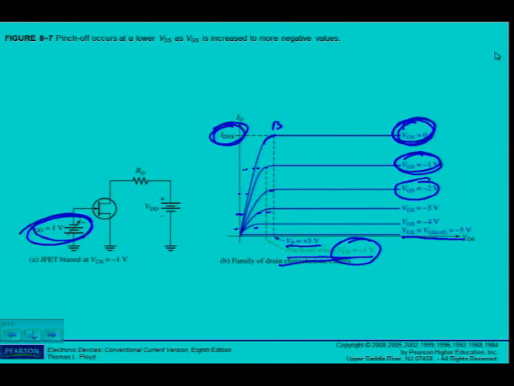Okay, so also what you can see is that that value, because of the curves, becomes smaller. Alright, so depending on where we are on the curve, I can see that the pinch off voltage becomes smaller, but V pinch off is determined at VGS equal to 0 at IDSS, maximum current. Alright, so make sure that you distinguish between those two.